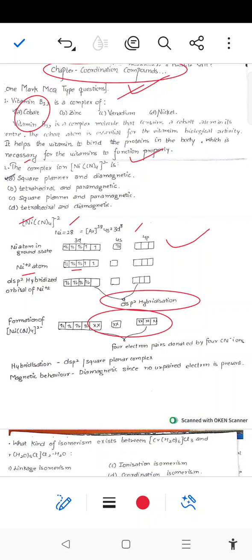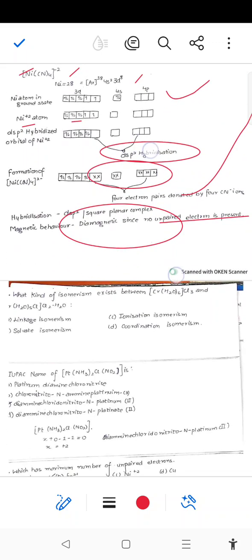So there are 4 electron pairs donated by the 4 cyanide negative ions, and this shows that this is a diamagnetic and square planar complex. So the magnetic behavior is diamagnetic, and no unpaired electron is present.